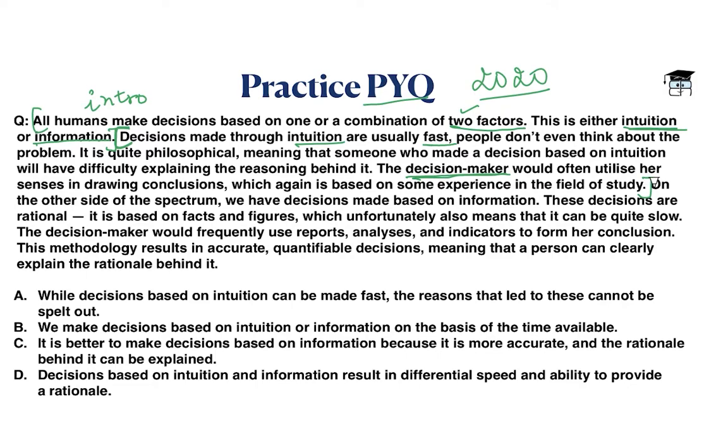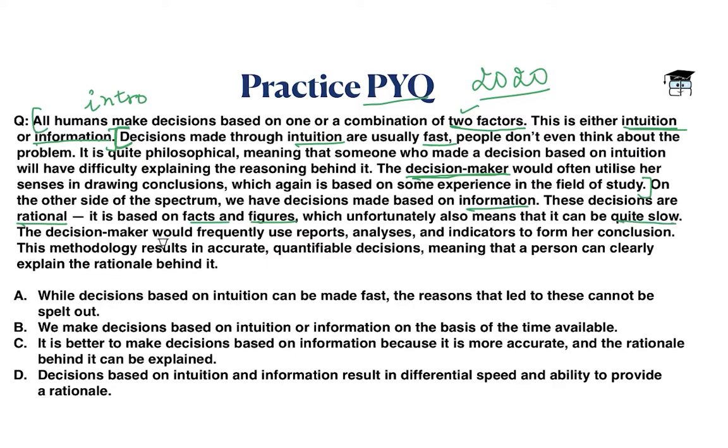So, reading further, on the other side of the spectrum, that means now he's going to talk about the other factor, which is information. We have decisions made based upon information. These decisions are rational. It is based on facts and figures, which unfortunately also means that it can be quite slow.